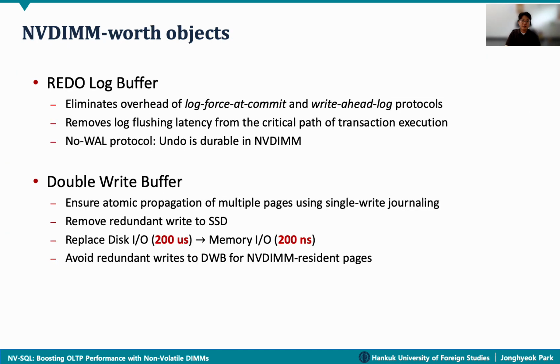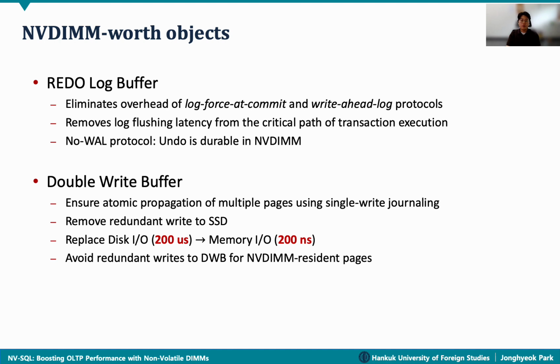In addition to write-hot pages, there are small, write-intensive objects that are worth storing in NVDIMM: the redo-log buffer and the double-write buffer. By placing the redo-log buffer in NVDIMM, we can avoid the overhead due to log force-at-commit and the WAL protocol.